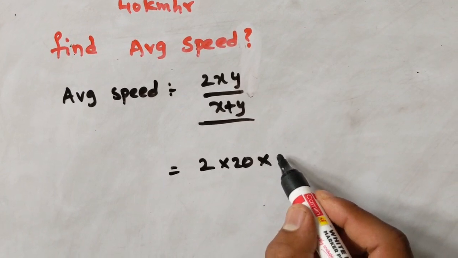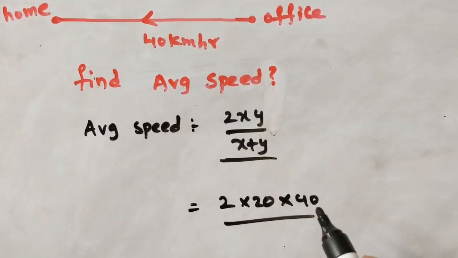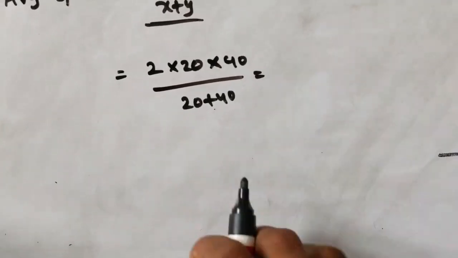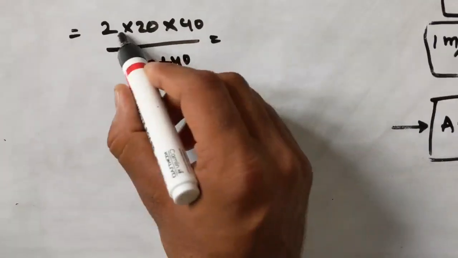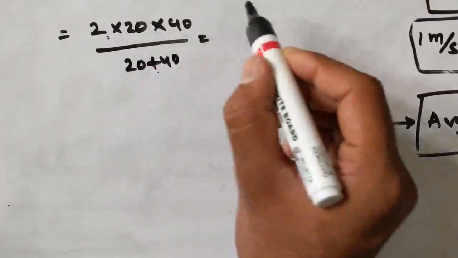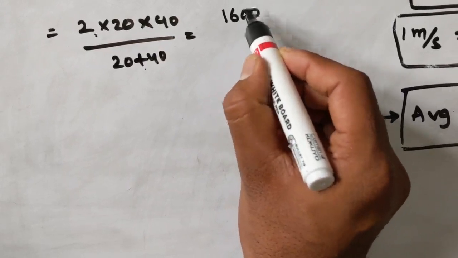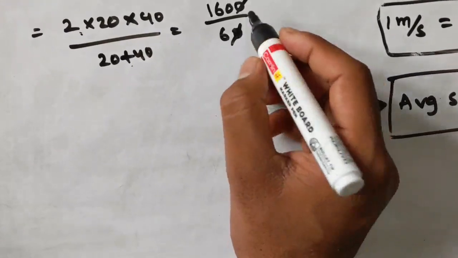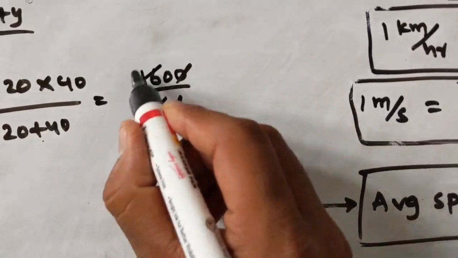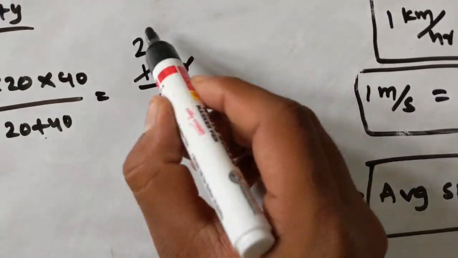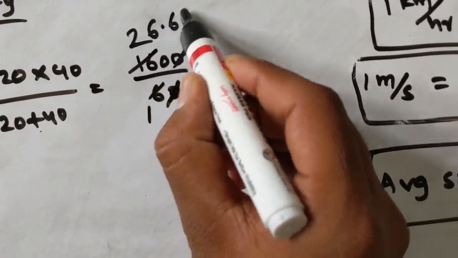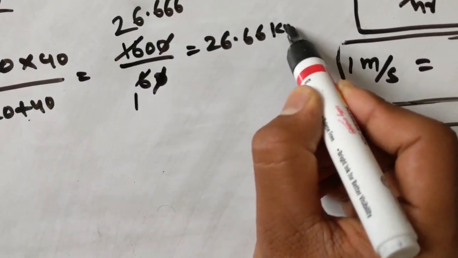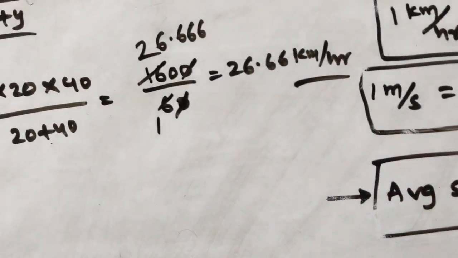Y means 40 kilometers per hour. 2 into 20 into 40 by 20 plus 40 is equal to how much? 1600 by 60. 0 0 cancel, 6 1s are 6, 6 2s are 12, 4 will be the remainder, 6 6s are 36, 4 will be remaining, 6 6 6. So 26.66 kilometers per hour. Okay, this is the average speed.